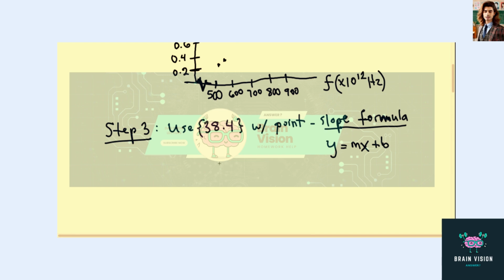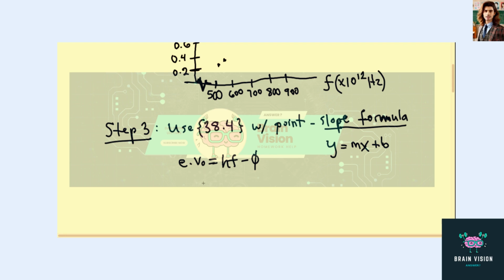And equation 38.4, which is given to us, is equal to this. It's eV0, which is the stopping potential, equal to the energy of light, which is Planck's constant times the frequency of light, minus the work function of the material. Now, we're going to have to rearrange this to make this look like point slope form.